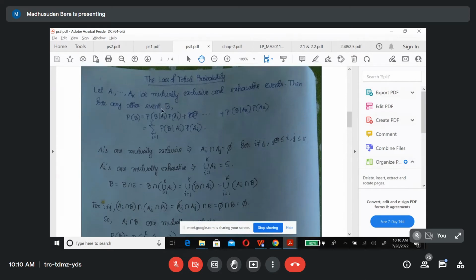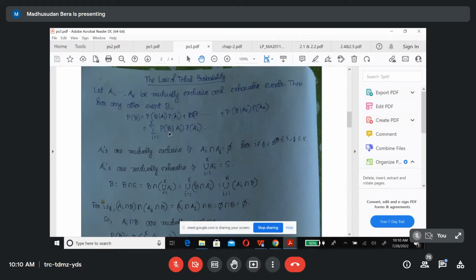Okay. Before solving the question, another thing, that is Bayes theorem. What is that? Bayes theorem has the same condition: A1, A2, up to AK a mutually exclusive and exhaustive set of events. In that case, if P of Ai and P of B given Ai are given, what will be P of Ai given B?